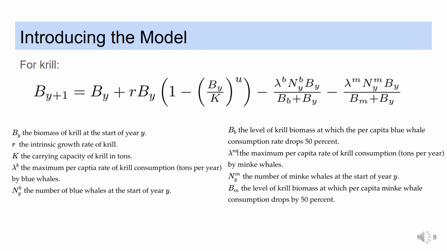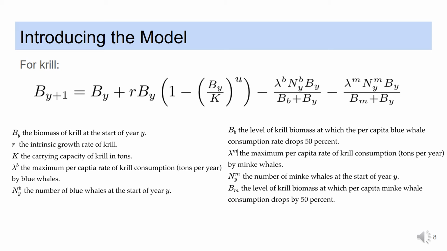Lambda b is the maximum per capita rate of krill consumption by blue whales in the units tons per year. N sub yb is the number of blue whales at the start of year y. B sub b is the level of krill biomass at which the per capita blue whale consumption rate drops by 50%.